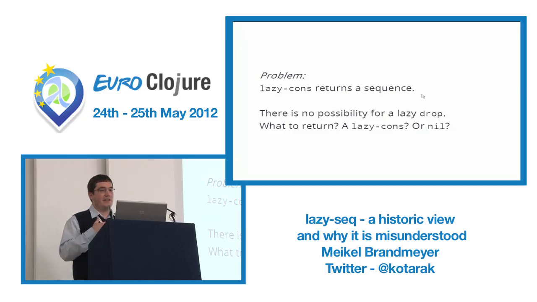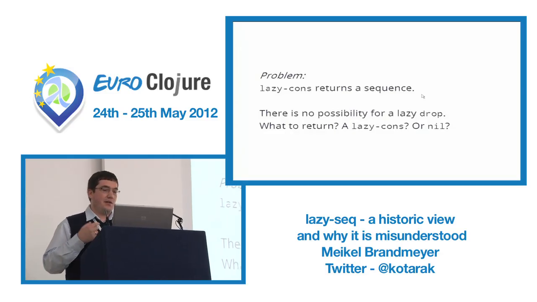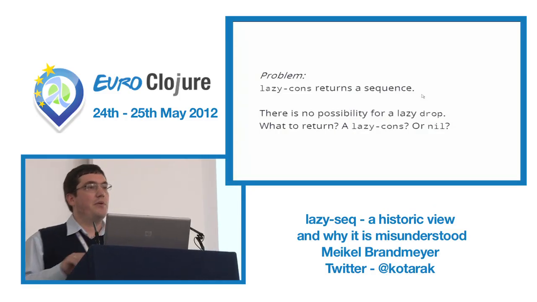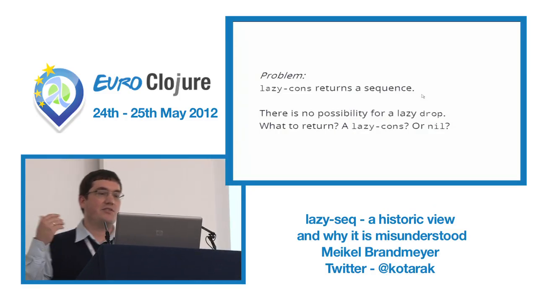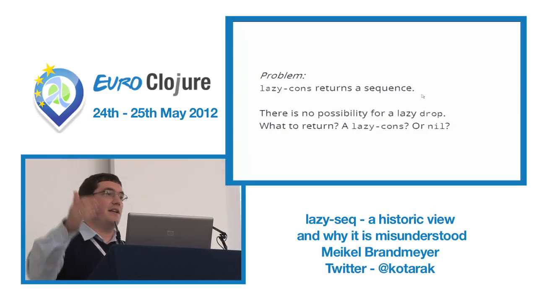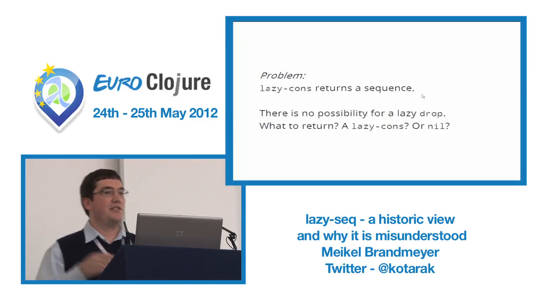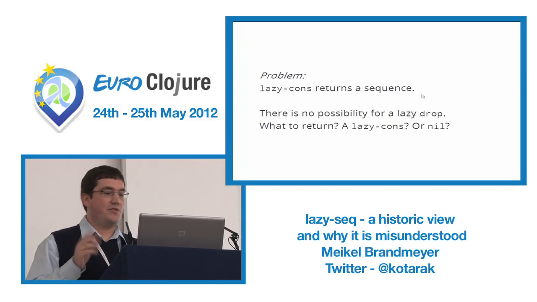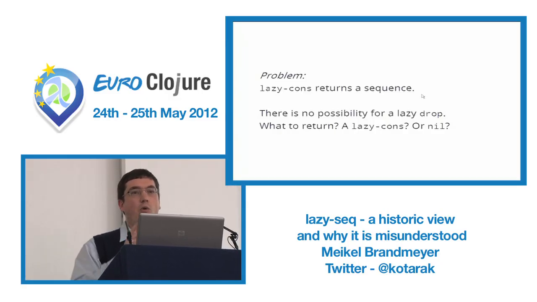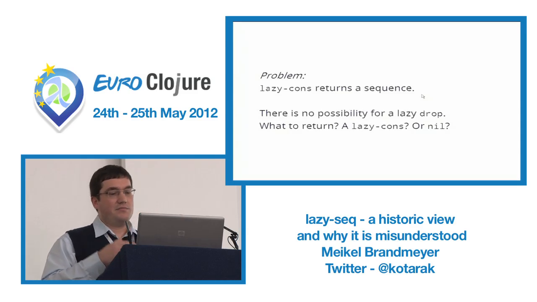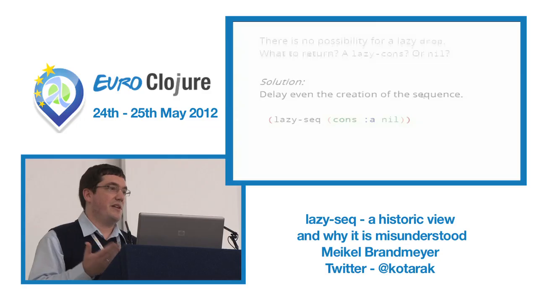So there is no way of writing a lazy drop in this setup, because as soon as you call drop, you have to go in there and realize the input sequence to see whether there are enough elements to return a lazy-cons again, or whether the drop exhausts the input sequence and you basically get nil.